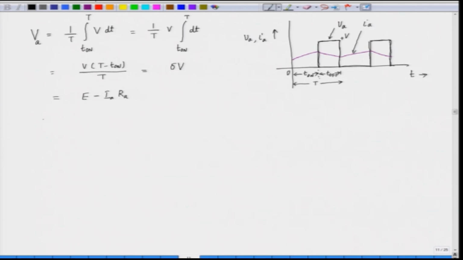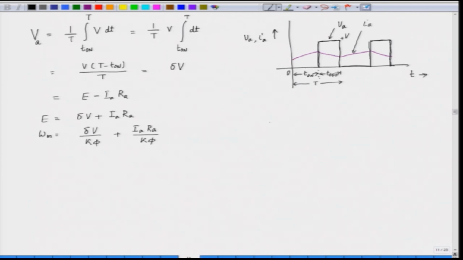So, E is equal to delta V plus I A R A, or we can say that omega m is equal to delta V by k phi plus I A R A by k phi. The field is separately excited.